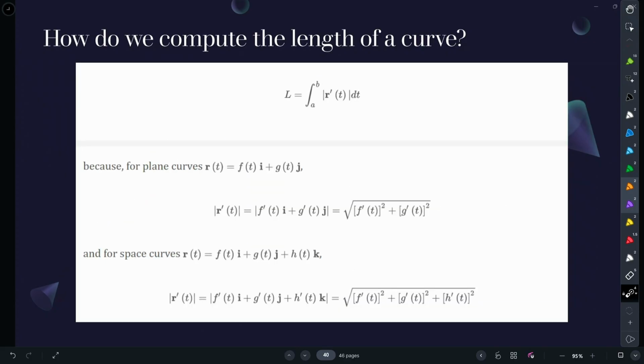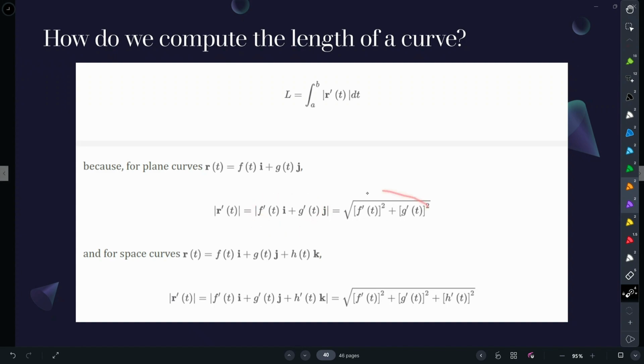So in 2 dimensions and 3 dimensions or higher, arc lengths are measured by an integral of the lengths of the derivative of your vector-valued function. And as we have seen, if the vector-valued function is 2-dimensional, the derivative is given by this inside the absolute value here.